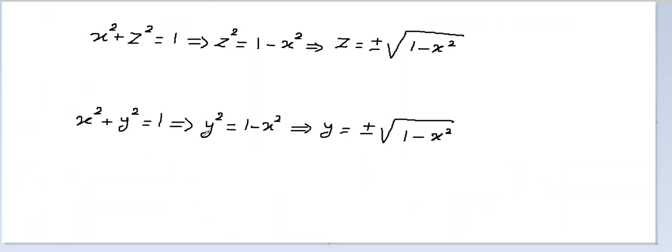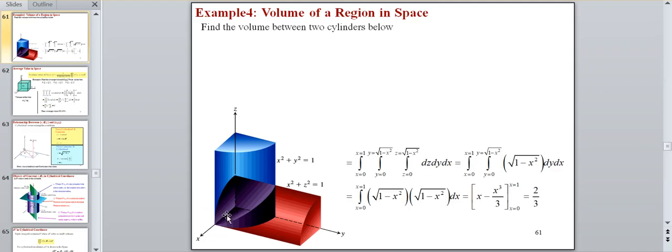So y squared equals 1 minus x squared. y equals plus or minus the square root of 1 minus x squared. What we are looking for is positive. So we can say y is from 0 to the square root of 1 minus x squared, this circle.